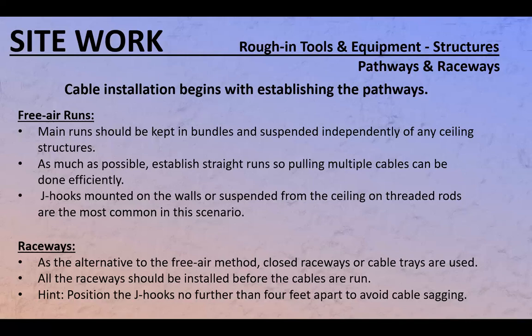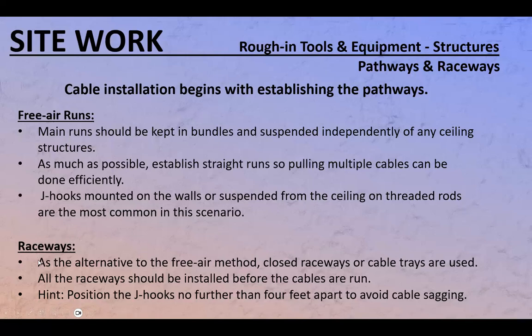This way you're establishing a straight line, and you mount your J-hooks along that string. J-hooks mounted on the walls or suspended from the ceiling on threaded rods are most common in this scenario for the free air runs. We'll talk about the threaded rods in a couple of slides down the road.